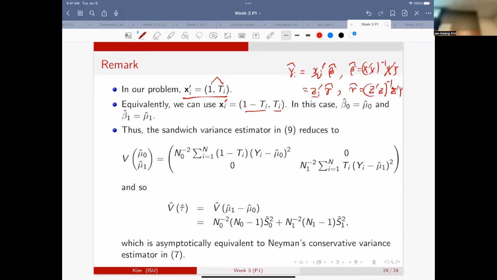So the first line is a prediction using the X vector, while the second one is a linear prediction using Z. So now the question is, when is this prediction and this prediction equal? It is equal if the column space of X is the same as the column space of Z.